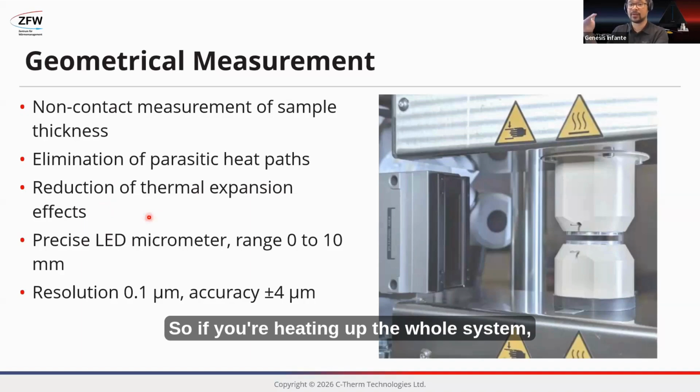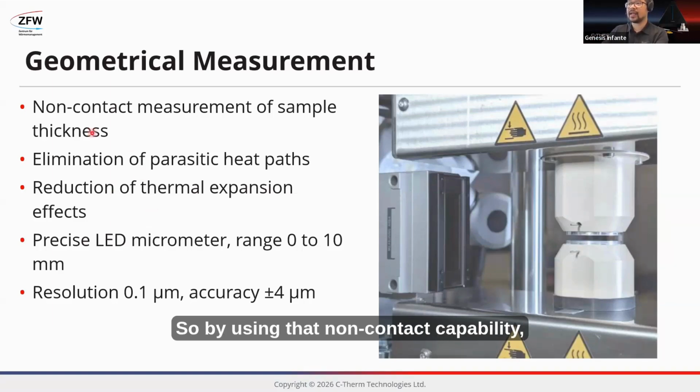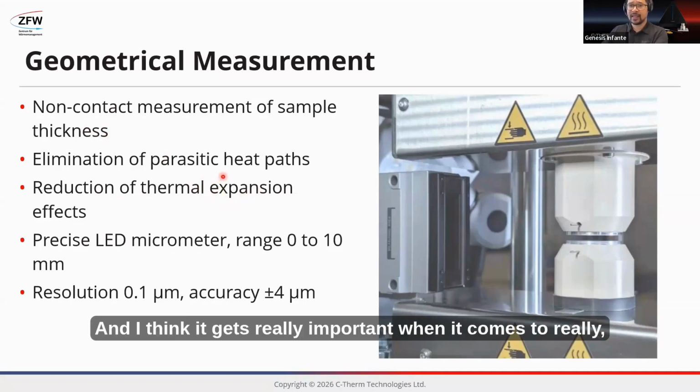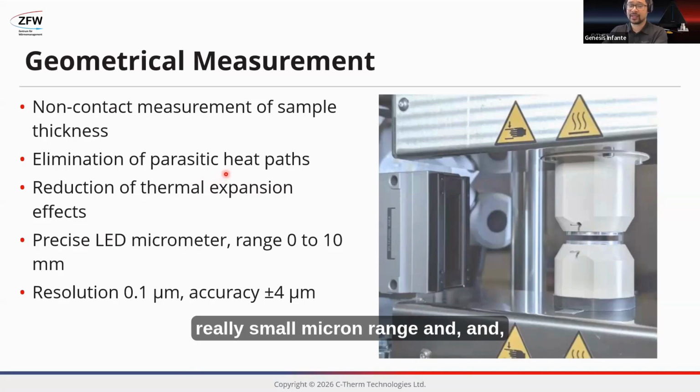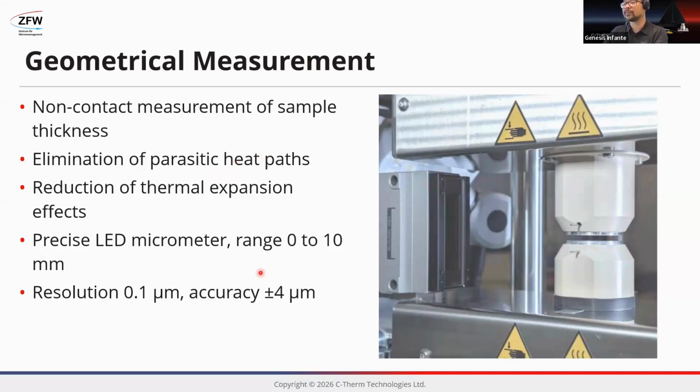If you're heating up the whole system, the bars will expand, everything will expand. So by using that non-contact capability, you'll minimize all of those errors. And I think it gets really important when it comes to really small micron range and high performance, high K, low resistance type of measurements, right?